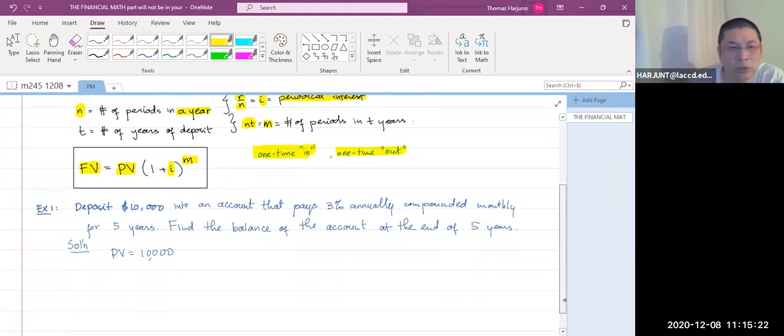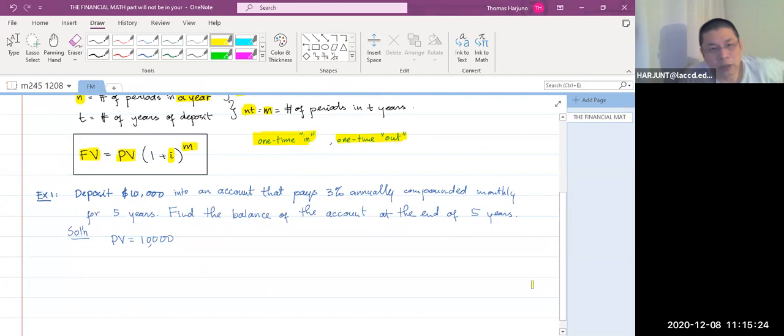Now suppose we have this question: you deposit $10,000 into an account that pays 3% annually, compounded monthly. So the N, the number of compound periods in a year, is 12. And you will deposit that for 5 years. Now, find the balance of the account at the end of 5 years.